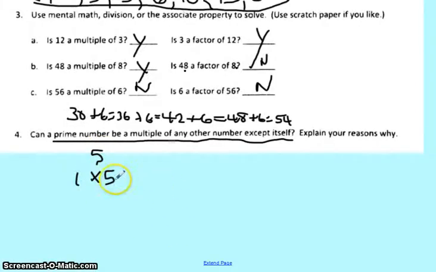So the only way we can get to 5 is skip counting by itself, 5. So we skip count by 5, we land on it. But it said not just itself. Is there another number? Yes, we can skip count by 1. So is this true? Can a prime number be a multiple of any other number except itself? Sure, it's a multiple of 1 also.